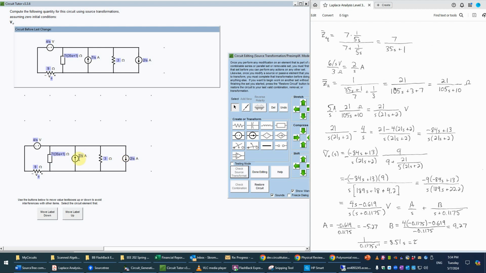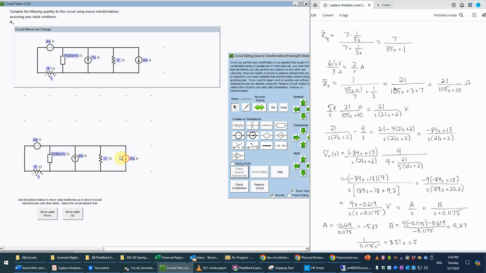Therefore, we will need to subtract their values rather than add them. We'll maintain the bigger of the two values and use that polarity. So 7 over S minus 2 over S will, of course, just be 5 over S, since they both have the same denominator. Now this current source, we have to think about carefully. This needs to become zero current because we effectively put its current over here by reducing this value.